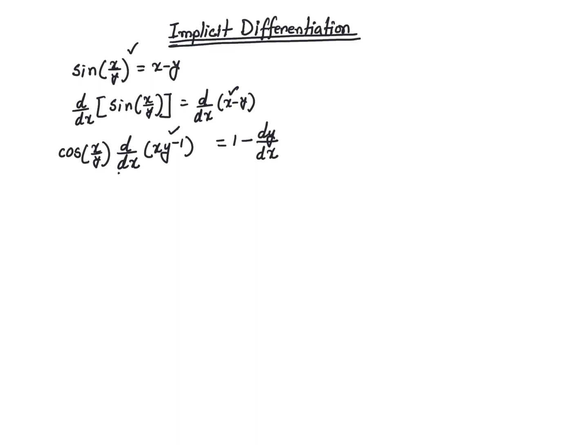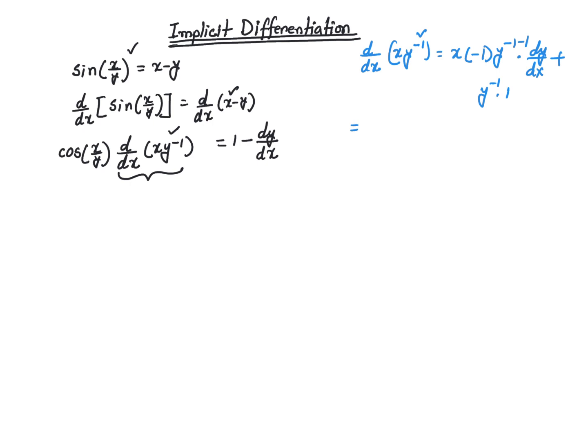So let's just take the derivative of this thing on the side and let's see what we get. So d over dx of x times y to the power negative 1. It's going to be x times the derivative of y to the power negative 1 with respect to x, which is negative 1 times y to the power negative 1 minus 1, then using the chain rule, times dy over dx, plus y to the power negative 1 times the derivative of x with respect to x, which is just 1.